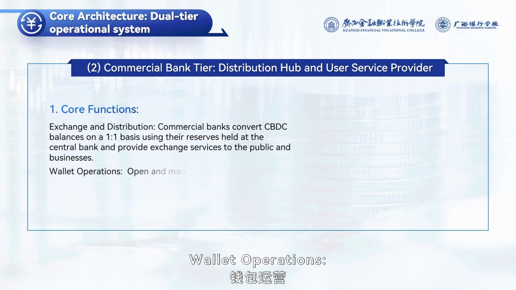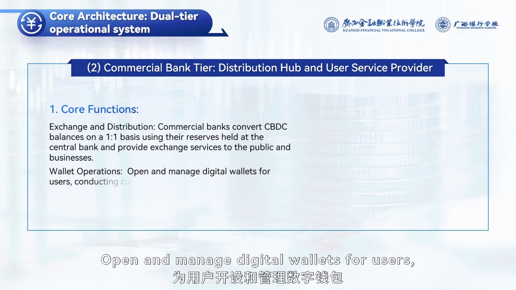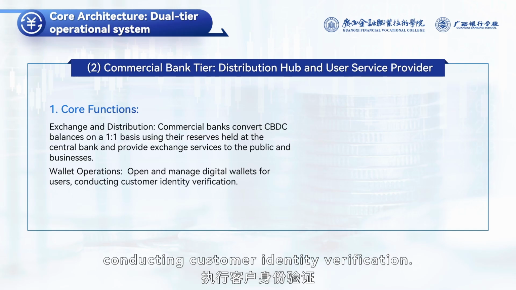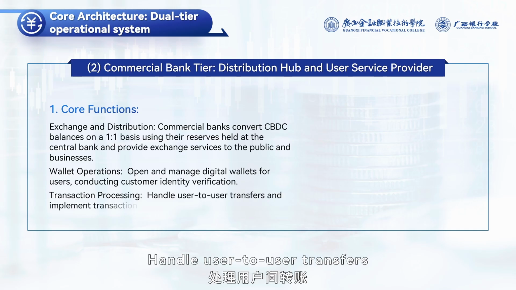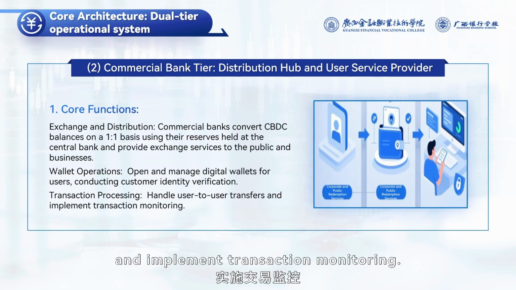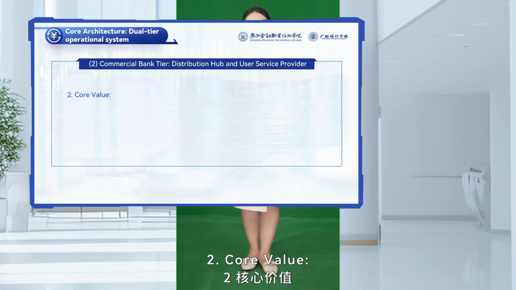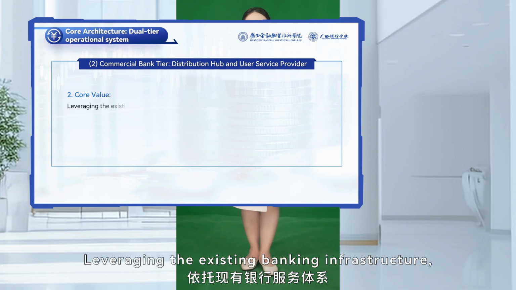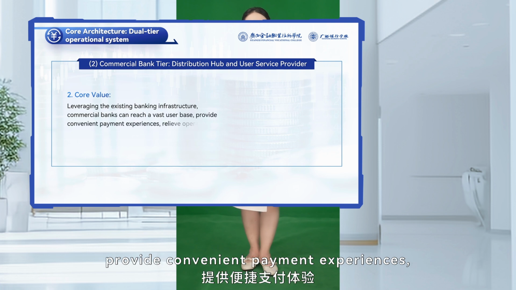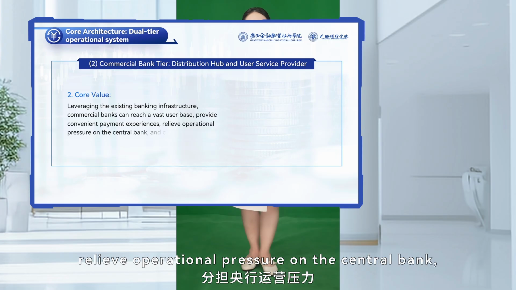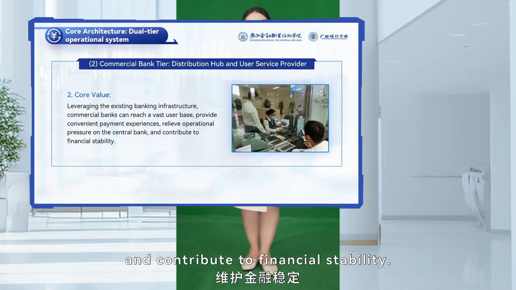Wallet operations: open and manage digital wallets for users, conducting customer identity verification, transaction processing, handling user-to-user transfers, and implementing transaction monitoring. Core value: leveraging the existing banking infrastructure, commercial banks can reach a vast user base, provide convenient payment experiences, relieve operational pressure on the central bank, and contribute to financial stability.